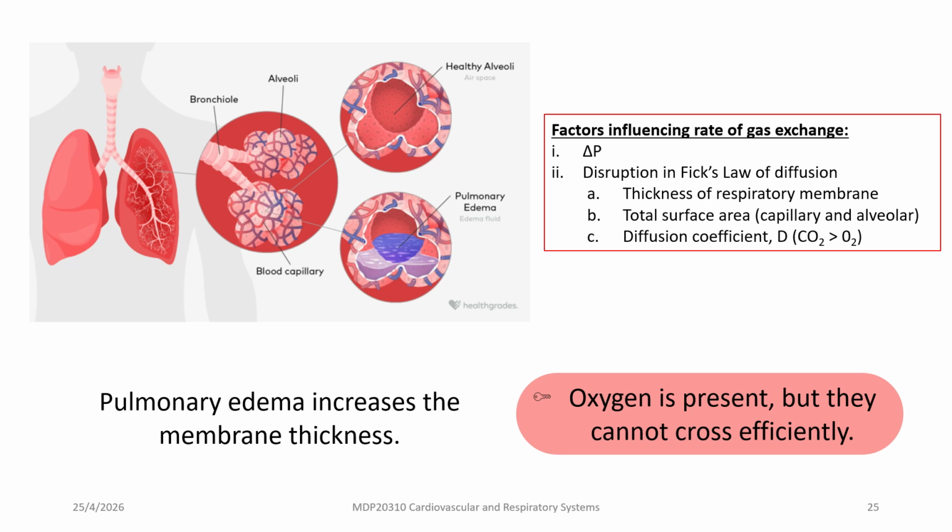And fourthly is the diffusion coefficient, where carbon dioxide dissolves better than oxygen. So in pulmonary edema, as seen in the patient, the membrane thickness has increased through the existence of additional fluid in the interstitial spaces. Therefore, we can say that the oxygen, despite being present, cannot cross efficiently, causing poor or inefficient oxygenation of the blood.